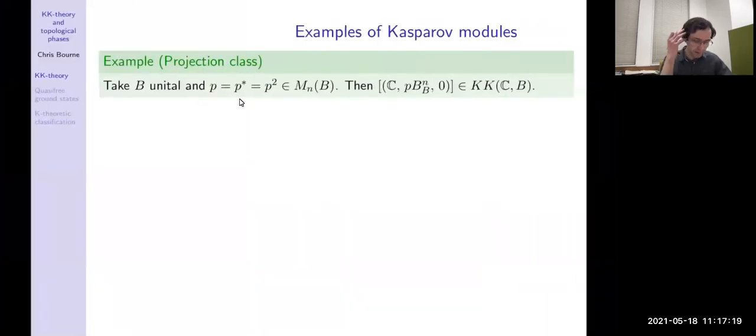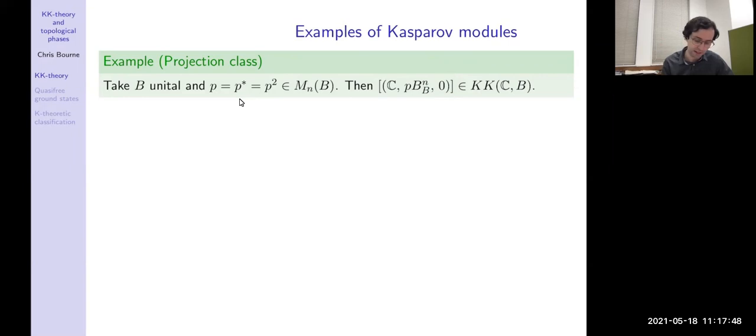Okay, so let's build some examples of these Kasparov modules from what we've learned. So when we have this finitely generated and projective module, then recall we needed three things. We needed an algebra, a C-star module, and an operator. But in the case where B is unital, where everything just now acts as compact operators, then I can actually kind of ignore this last step of needing an elliptic self-adjoint operator.